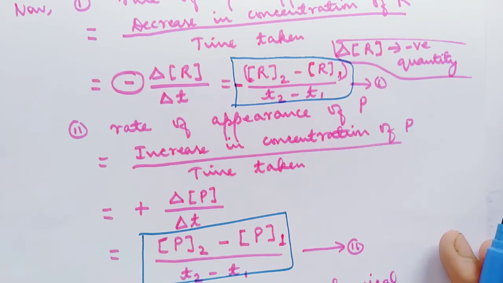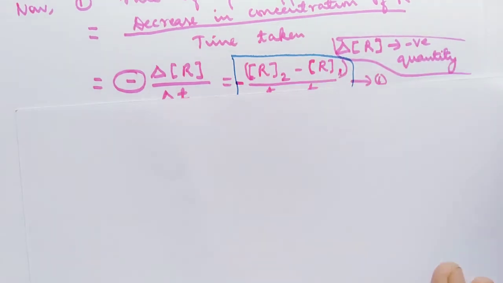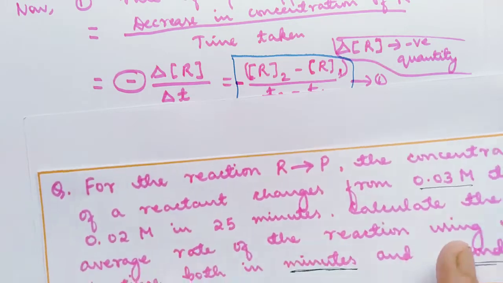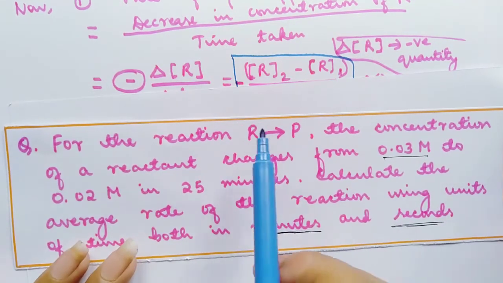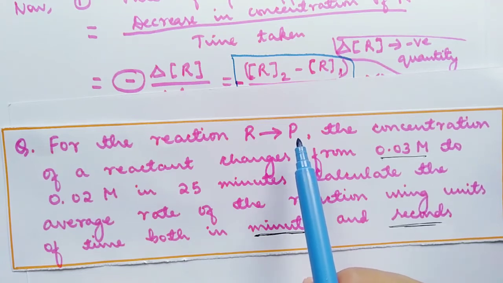Okay, based on these, let us try to solve these two numerical problems. The first one, see here, 1 mole of the reactant produces 1 mole of the product.